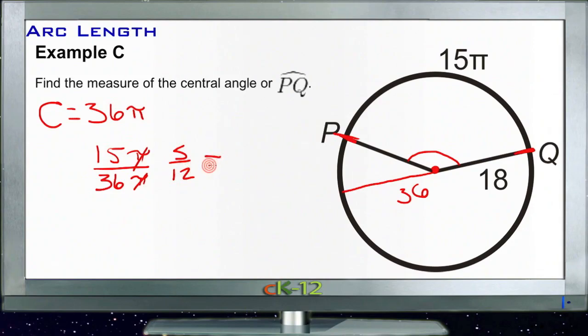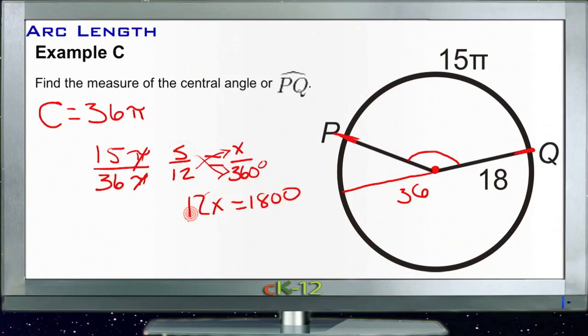That 5 twelfths is equal to some number compared to 360 degrees. This is the whole circle. This is the portion. This is the whole circle measured in degrees. This is the portion. So now we can multiply 12 times x, get 12x. 5 times 360, we get 1800.